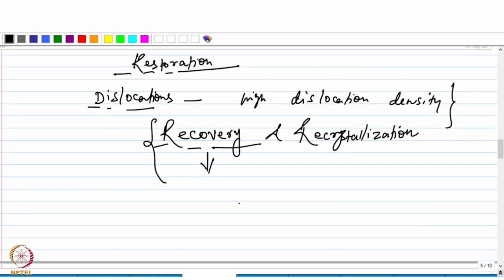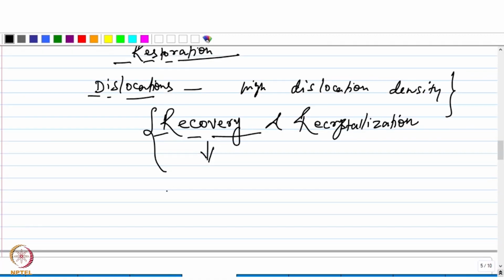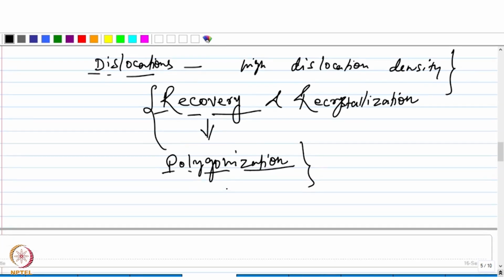One mechanism by which it can occur is known as polygonization, in which the dislocations arrange themselves in a particular pattern. So let's say you have a grain like this, and here you have a lot of dislocations which are generated due to the cold working.